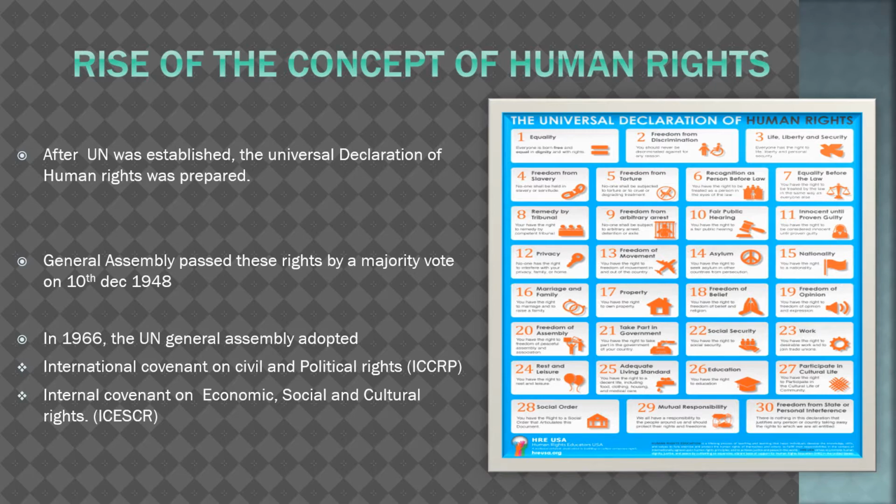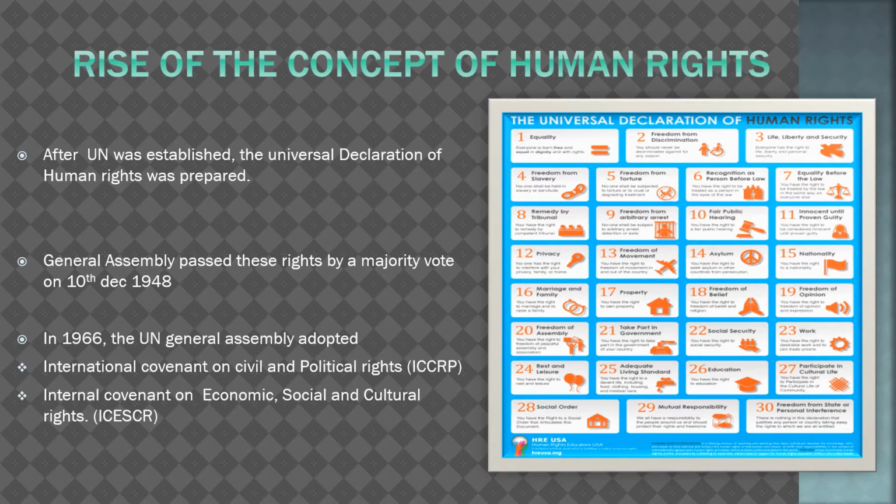After the United Nations was established in 1945, the Universal Declaration of Human Rights was prepared. This declaration was adopted by the United Nations General Assembly by a majority of votes on 10th December 1948.